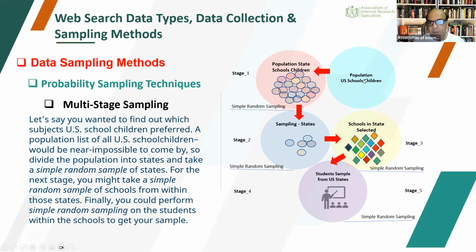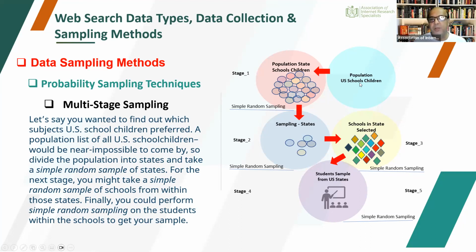Supposing the objective for you is to obtain a student sample from the school districts, and let's say it's the entire USA. Now imagine the sample size that you have to obtain. So you're going to do multi-stage sampling.